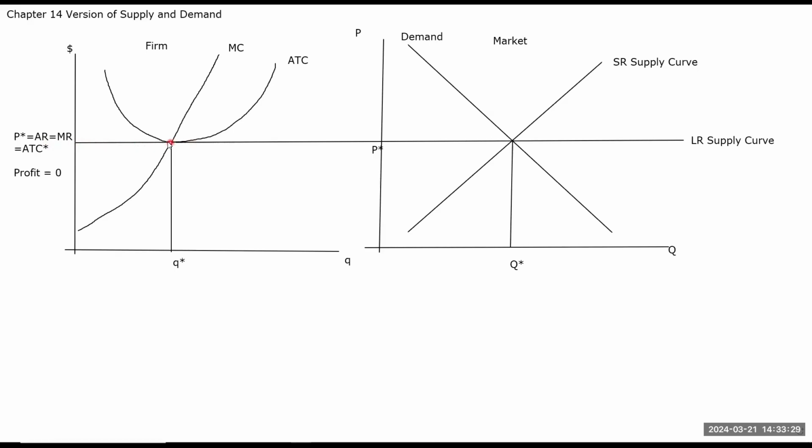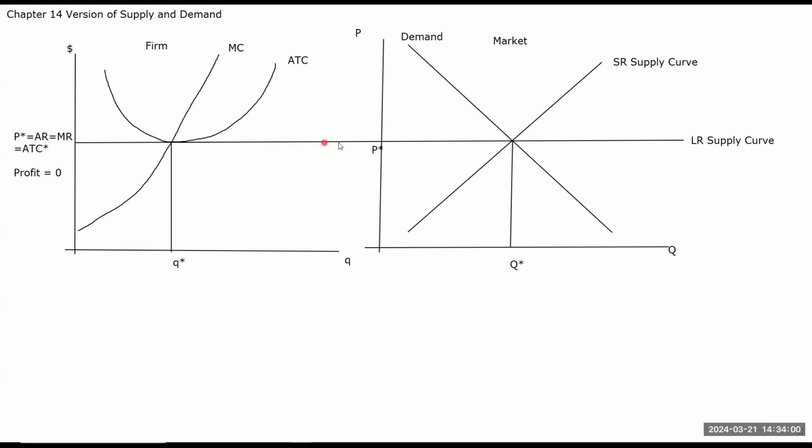It's tangent to average total cost and marginal cost. So price, which is marginal revenue, equals marginal cost right here. That's how we determine the quantity that each firm is producing, q star. And because price is equal to average total cost, profit is 0.